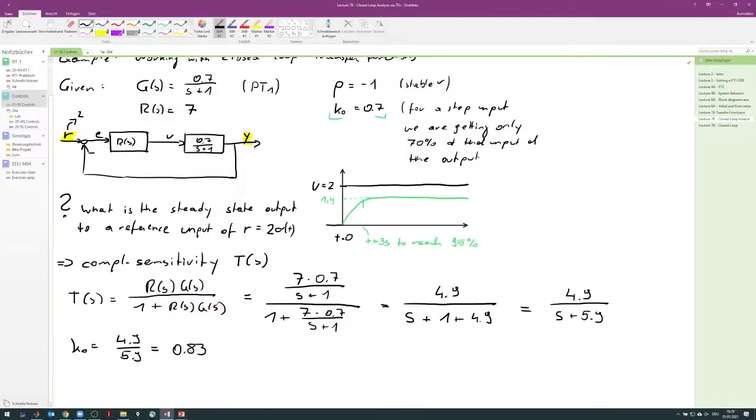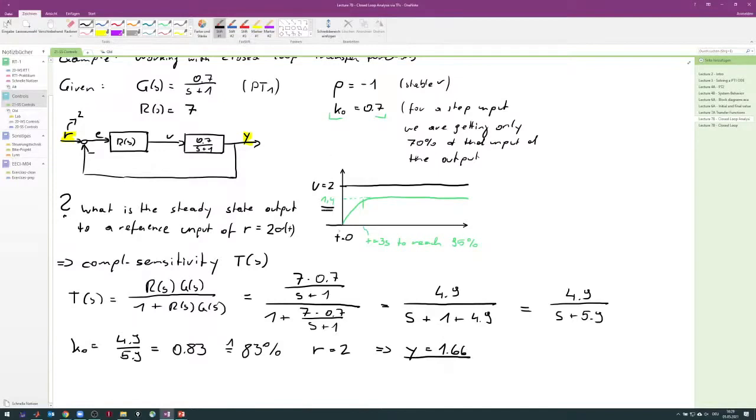We're now reaching 83%. What are 83% for our input of 2? Well, this is 1.66. So for this R, our Y is going to converge to 1.66.